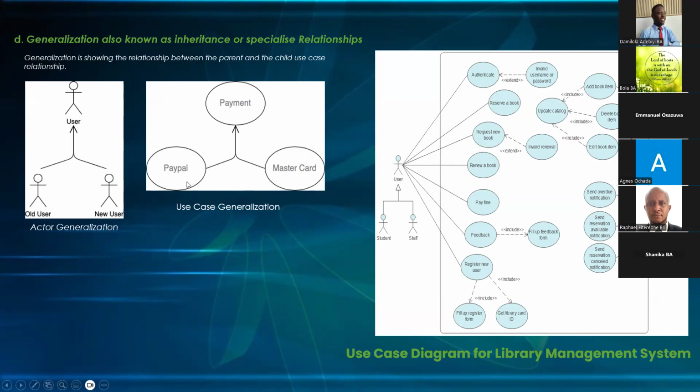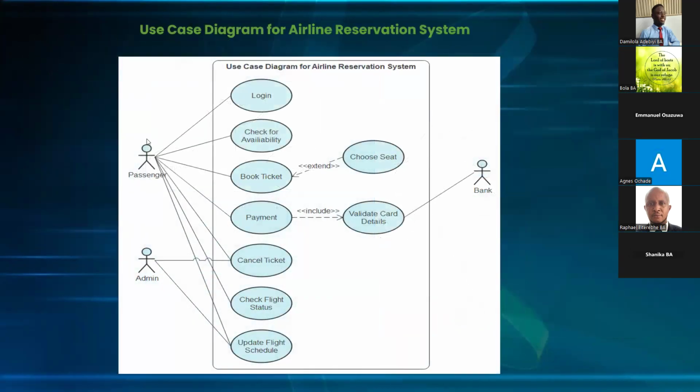So, for example, let me take us back. Now we have passenger. Let's say we have customer. Let's say customer is here, as a passenger. Now, customer can either be the passenger himself or an agent.